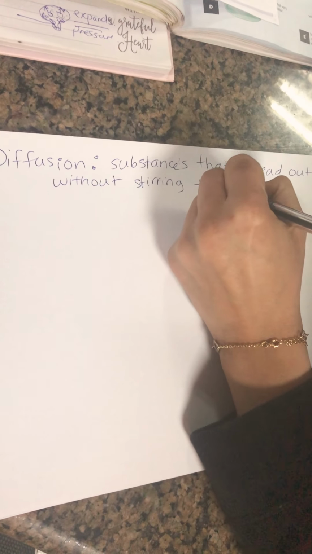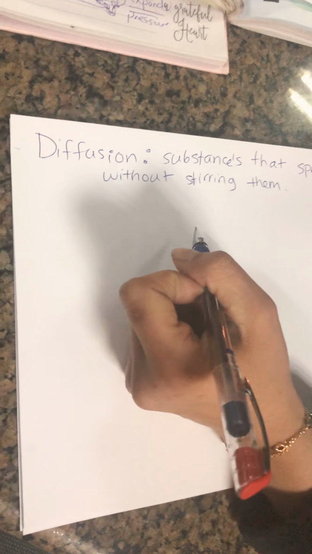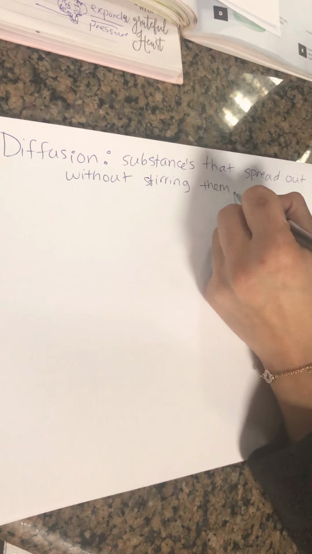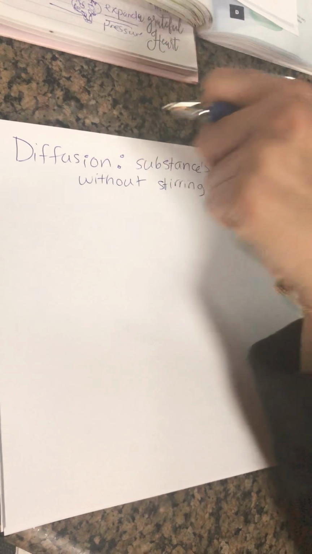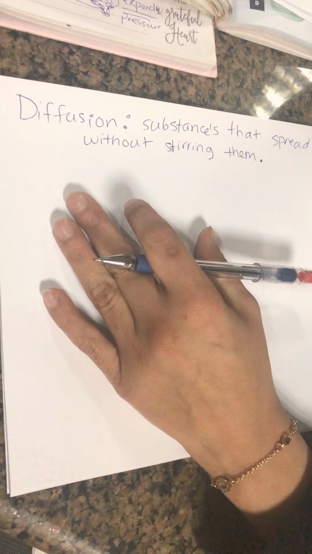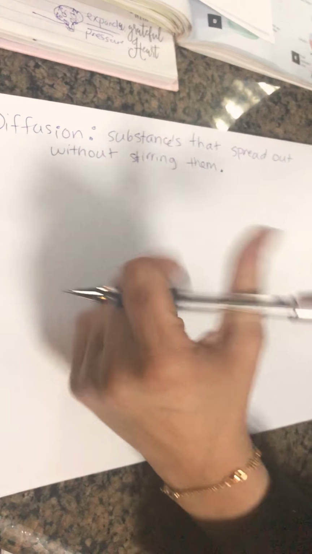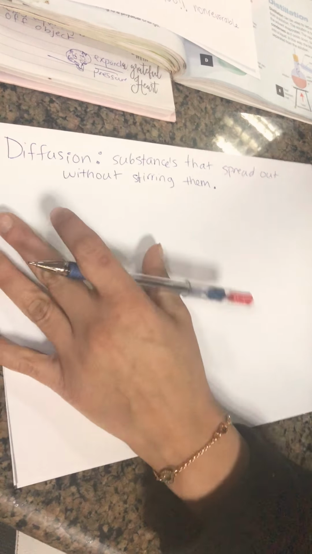What does that mean? It means when I mix two substances together, they will react right away without me stirring it. They diffuse. The word diffuse is like coming out quickly, right away.